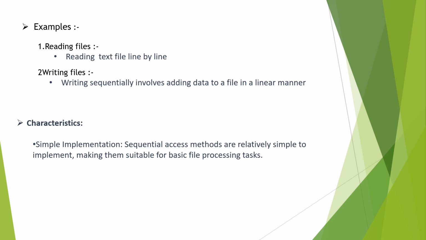Coming to the characteristics: simple implementation. Sequential access methods are relatively simple to implement, making them suitable for basic file processing tasks. As we discussed before, the sequential access method is easy to implement, and we use it for basic file processing tasks.